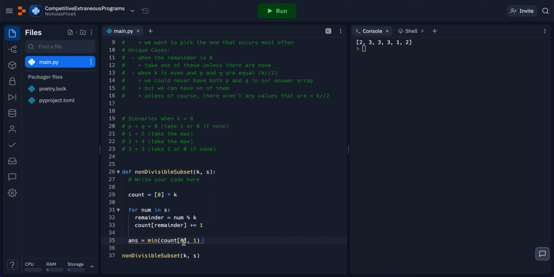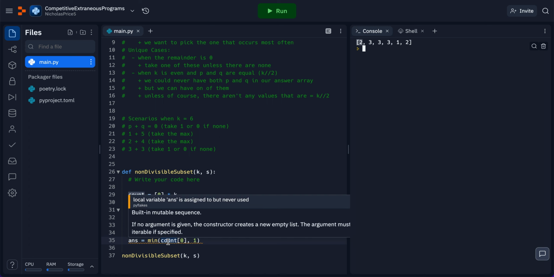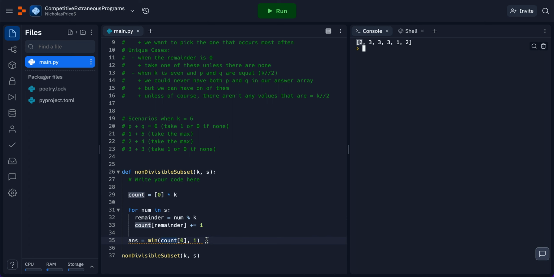So what are our options here? Well, you could have 0. We could have a value of 0 for count 0, meaning this number would be 0. We could have 1, meaning you could have 6 in the array, or you could have more than 1: 6, 18, 24. But we only would pick 1. So that's what we're representing in this min of that range.